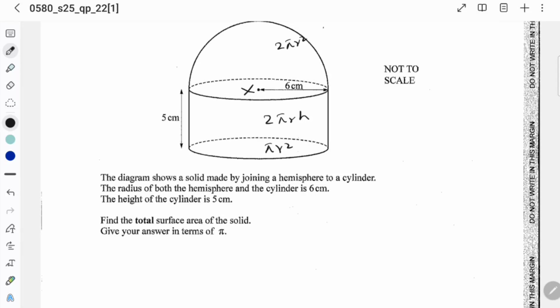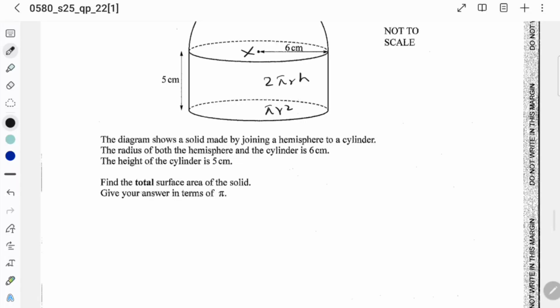All right, so the curved surface area of the cylinder plus the total surface area plus the bottom part, which is pi r square, the area of a circle, the bottom part, this one, and the curved surface area of the hemisphere also included.